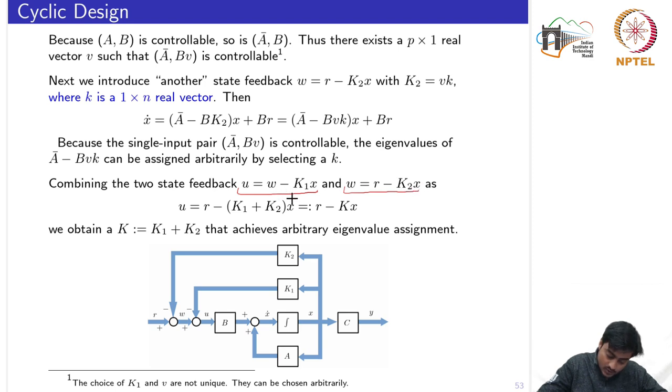Combining these, because we finally need to compute the signal U, it is given by R minus K1 plus K2 times x, and K1 plus K2 would give me the complete matrix K. Okay. Now with the help of this K matrix, we can achieve arbitrary eigenvalue assignment. Okay. So this is how we can carry out the design.